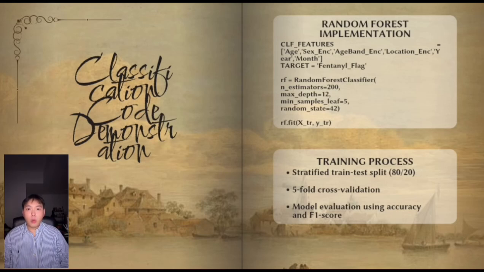Stratified sampling was used to maintain the class distribution of fentanyl cases. Finally, we trained the model and evaluated its performance using cross validation and several evaluation metrics.